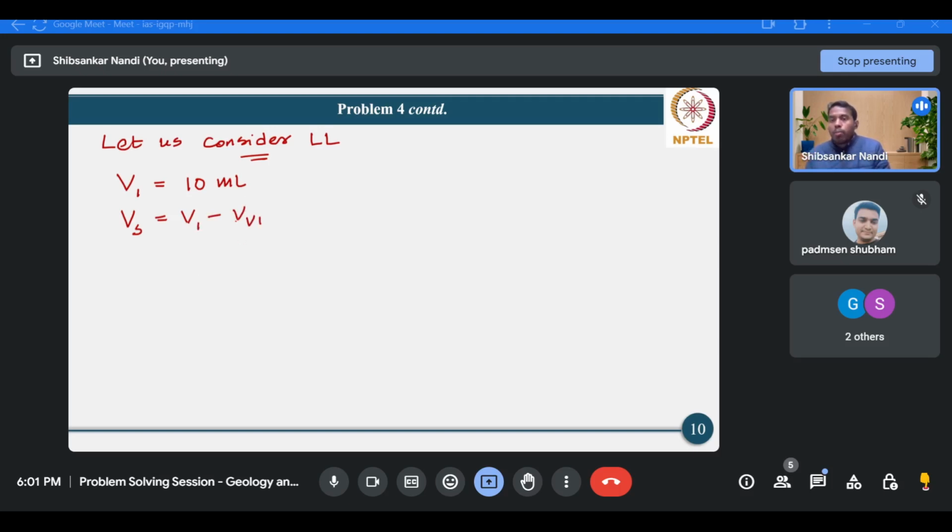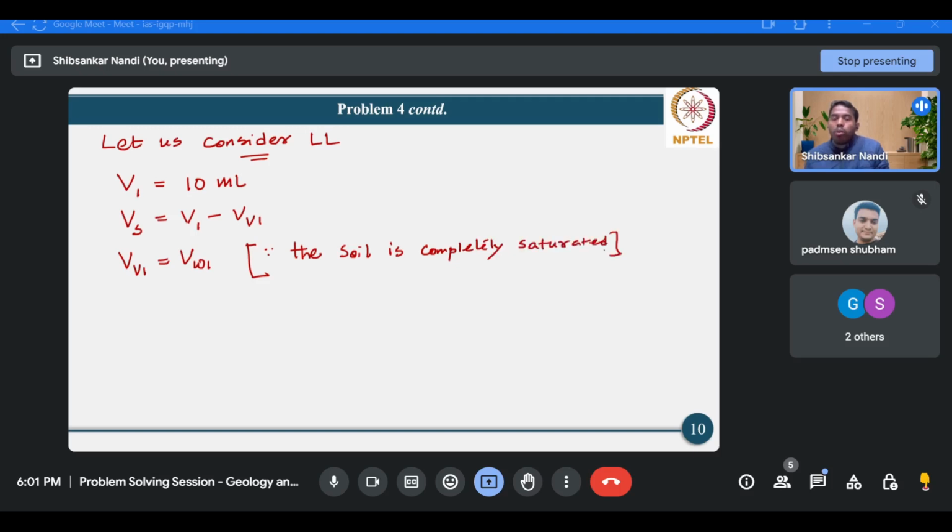Now what is Vb1? Vb1 is nothing but Vw1. Why? Because the soil is completely saturated.